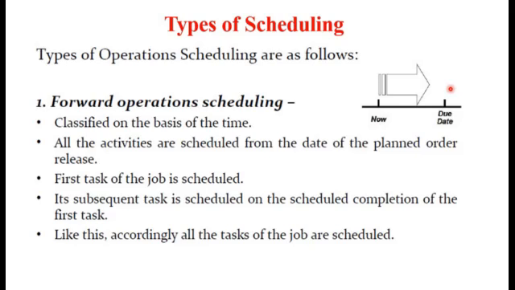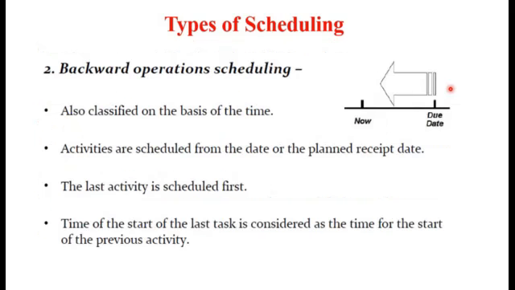The subsequent task in forward operations scheduling starts at the completion of the previous scheduled task. Likewise, all the tasks of the job are scheduled in the forward direction, each on the next day after completion of the previous one. So this is called forward operations scheduling.